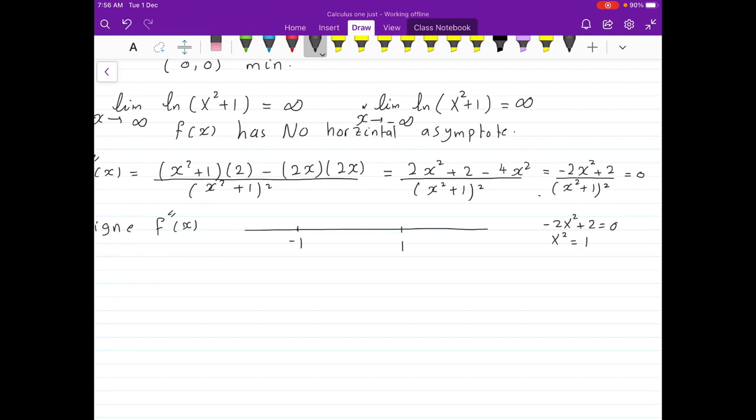Now notice the denominator is always positive, so the sign depends on the numerator. If we choose 0 between minus 1 and 1, the sign will be positive.